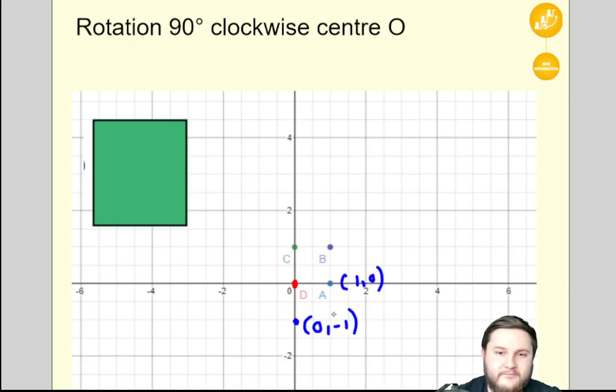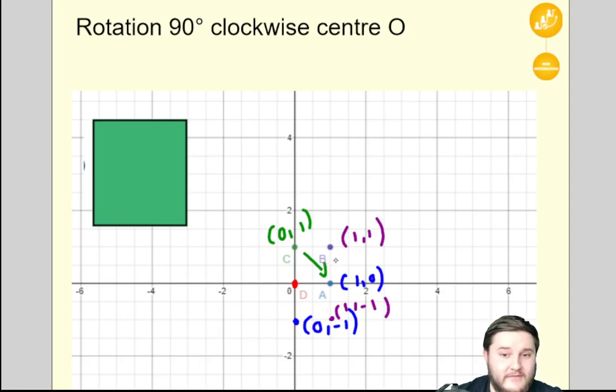So this B point, which is 1, 1, is now going to be here, which is the coordinate 1, minus 1. Okay, interesting. Then this C point here is the coordinate 0, 1. When you rotate it 90, it actually lands on A, so it's going to be 1, 0.